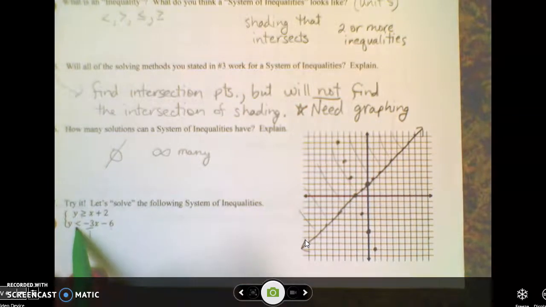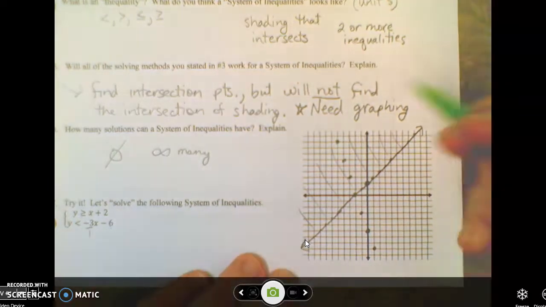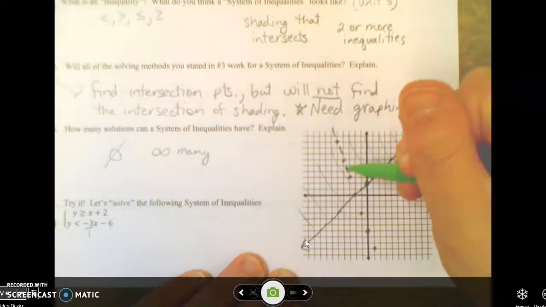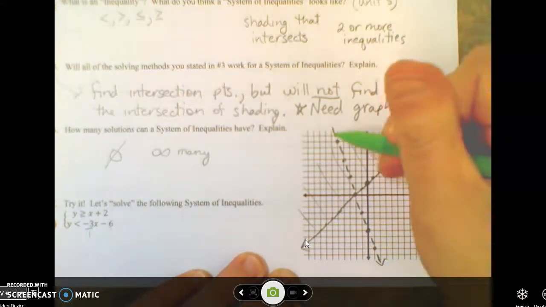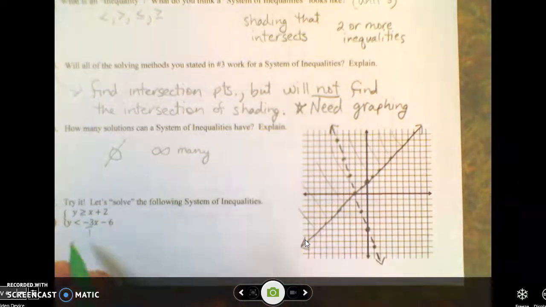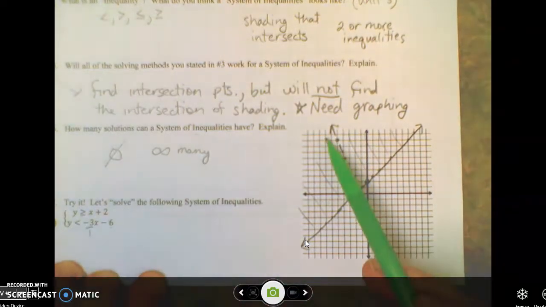Now we have a less than symbol here, so that means we have a dotted line. Again, we talked about this in Unit 5. And because we have a less than symbol, we shade below the line.